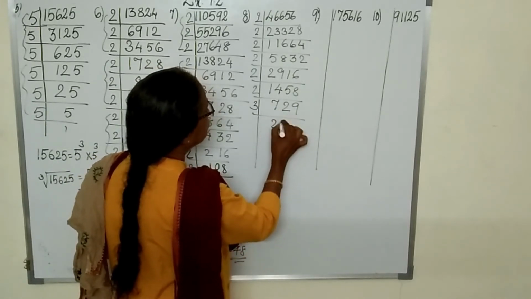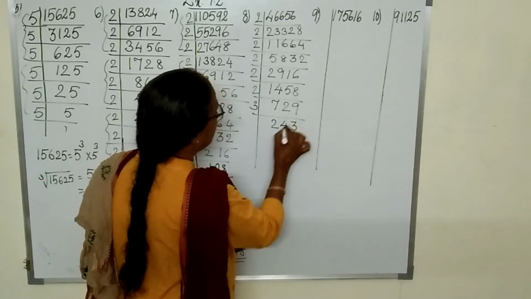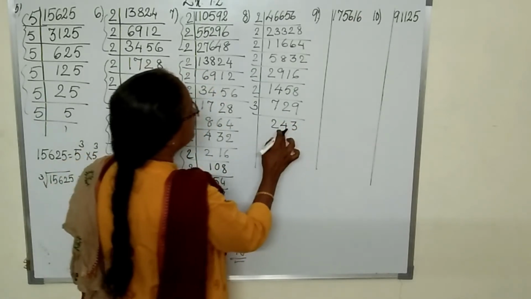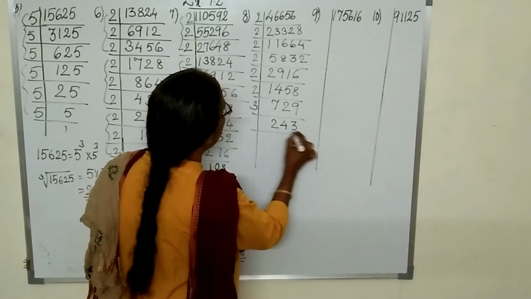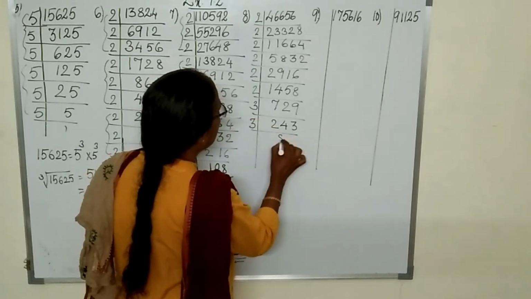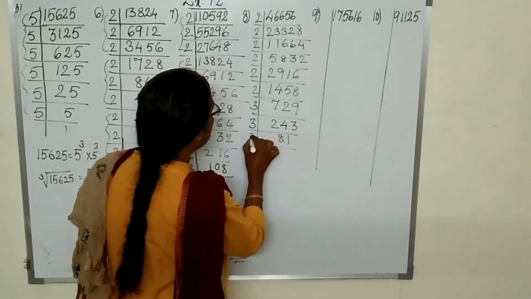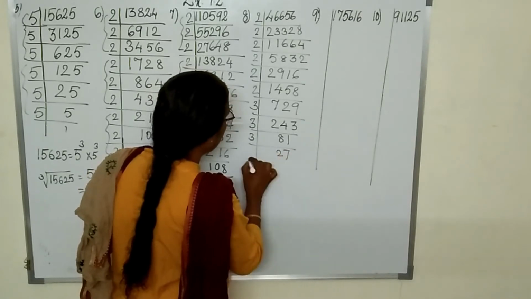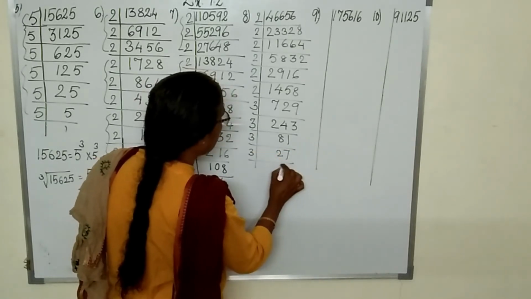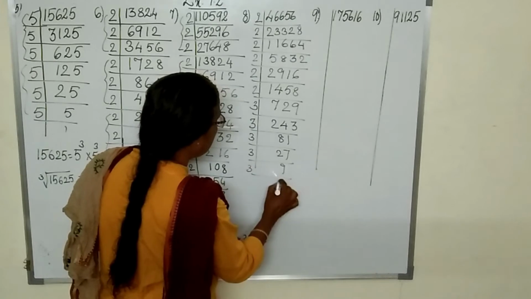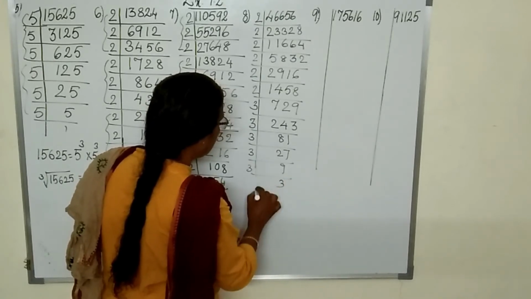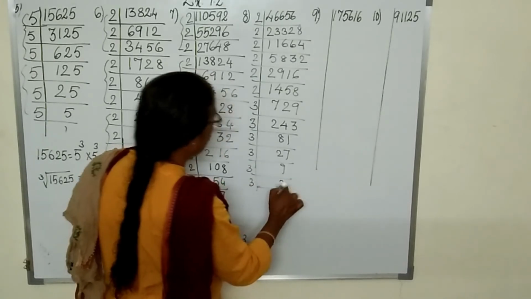So 2, 4, 3. Again by 3, 81. 3, 27. 3, 9, 3, 3, 3, 1.